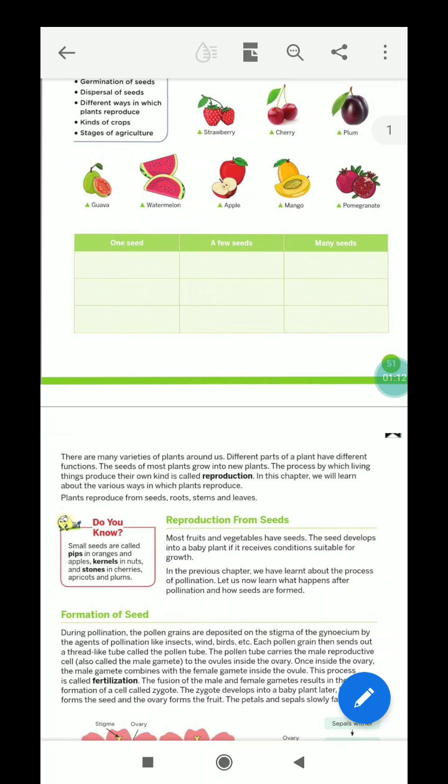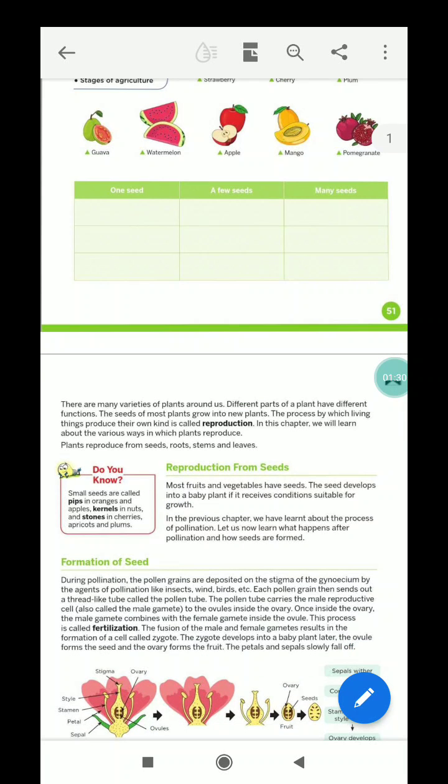Different parts of plants have different functions. Some of them are acquiring food, some are releasing oxygen, some are making photosynthesis possible. Like this, different parts of the plants are doing different functions.